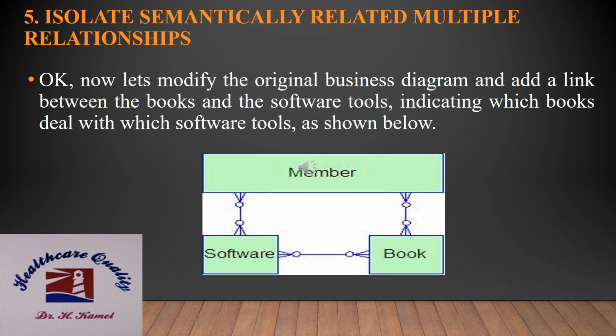The fifth normalization rule: isolate semantically related multiple relationships. Okay, now let's modify the original business diagram and add a link between the books and the software tools, indicating which books deal with which software tools, as shown below.